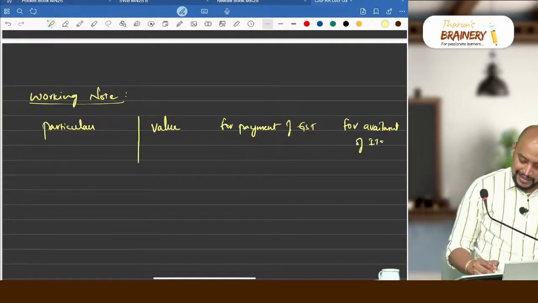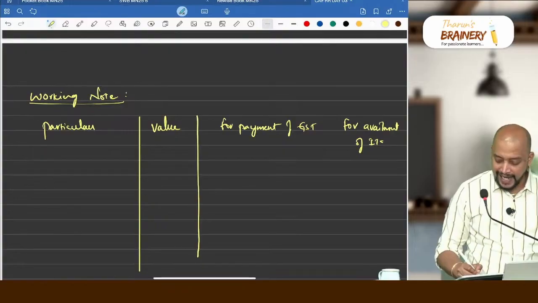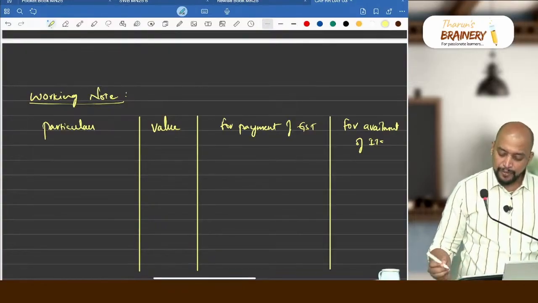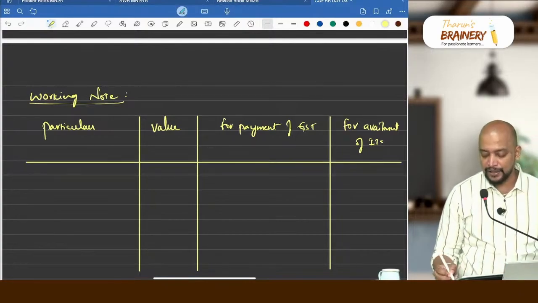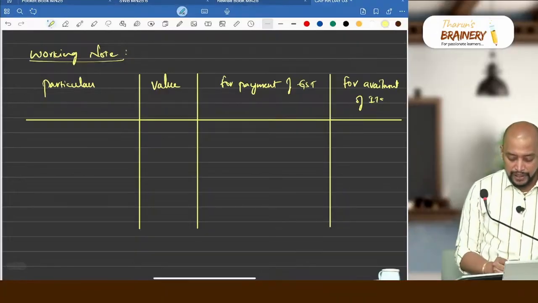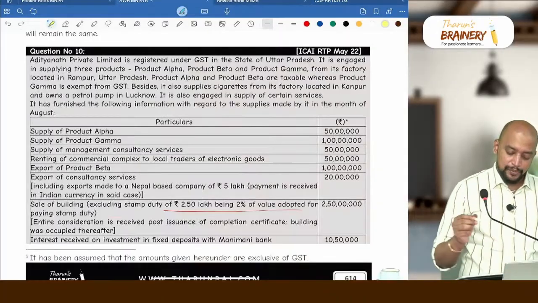The value column is useful for computing the exempted turnover, total turnover details, etc. And the payment of GST column is useful for computing our gross GST payable. So everything we can put in one working note so that it will become easy for us while doing the answer.